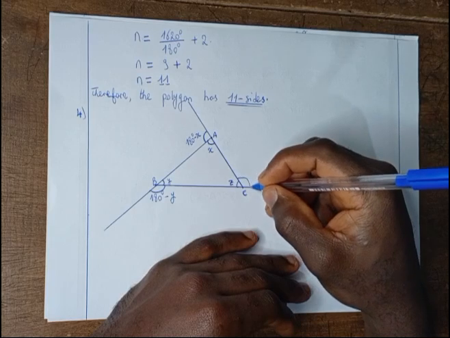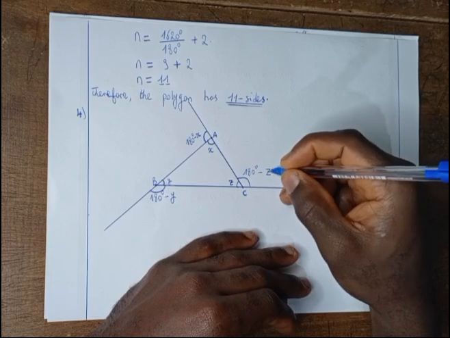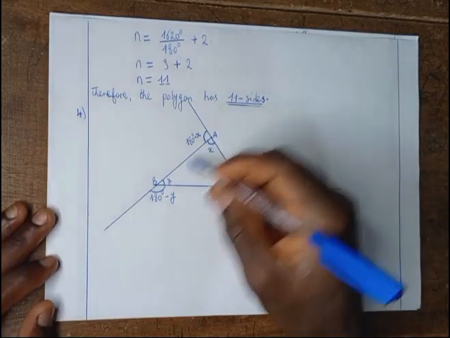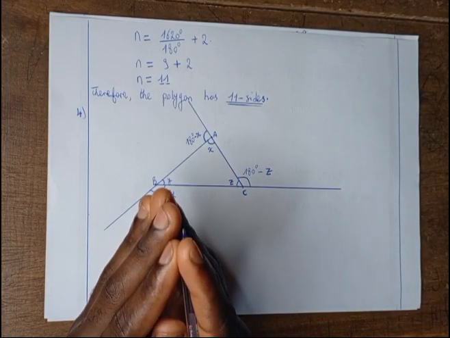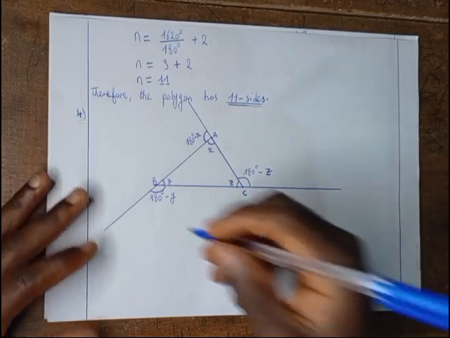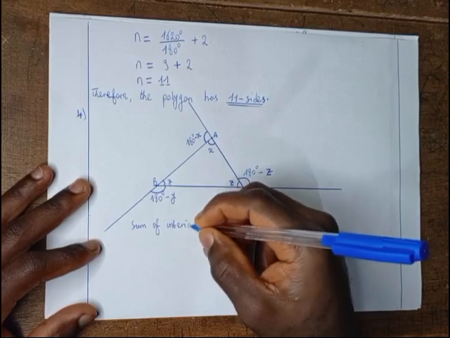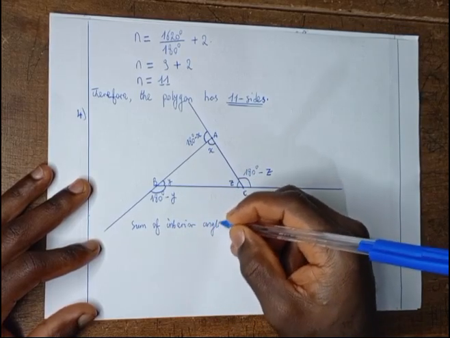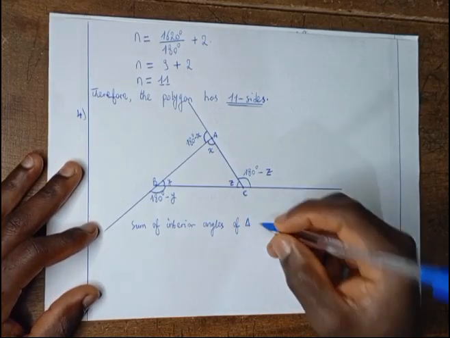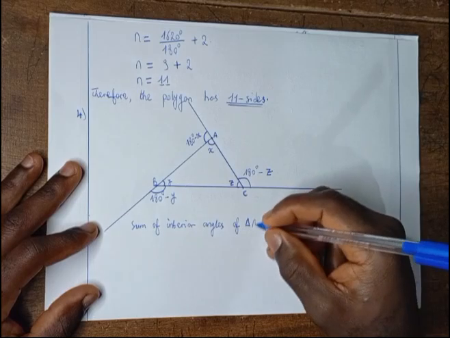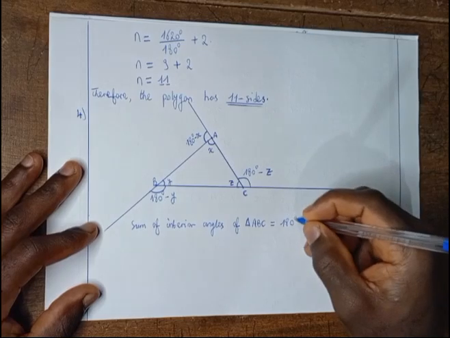This exterior angle will simply be 180 degrees minus Z. First thing, we know that the sum of the interior angles of this triangle, triangle ABC, is equal to 180 degrees.